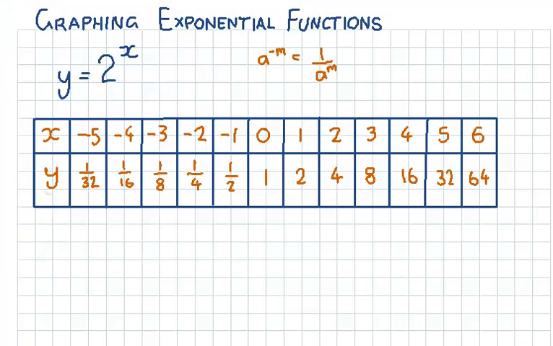So to sketch a graph of 2 to the power of x, we start off with an asymptote on the x-axis, and the graph slowly becomes bigger. It passes through the y-axis at a value of 1, and then sweeps up very rapidly. So I'll just label that asymptote in.